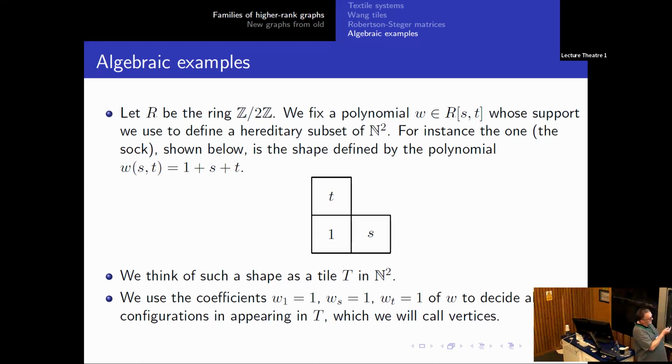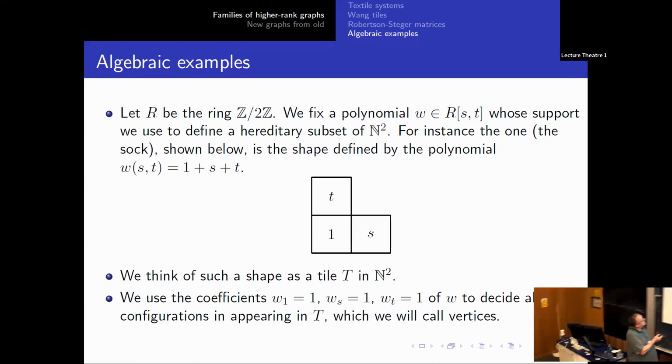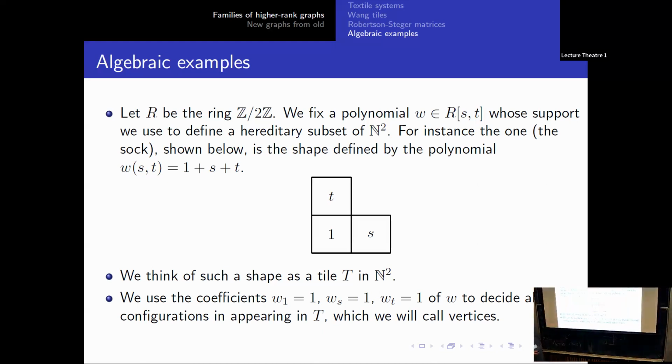So you just take your favorite ring, doesn't have to be Z mod 2Z. A polynomial in the ring, S and T. And then you use its support to define a hereditary subset of N squared. So using all positive powers. So here, for example, the polynomial in S and T, 1 plus S plus T, would make that.